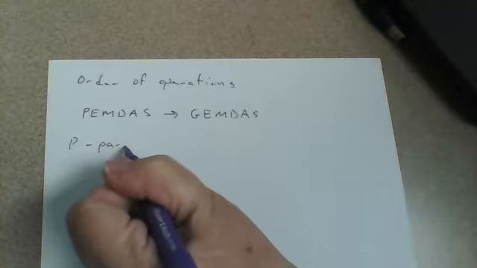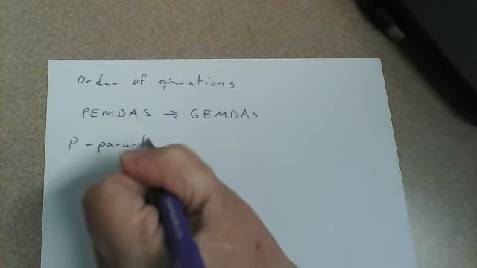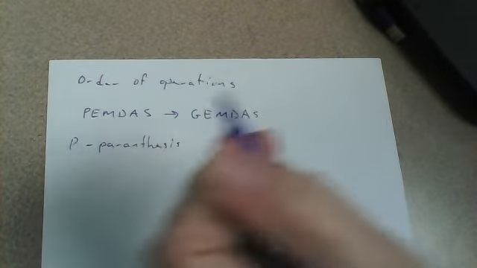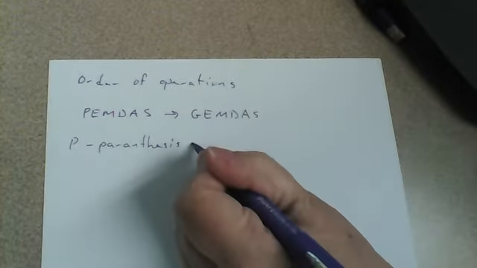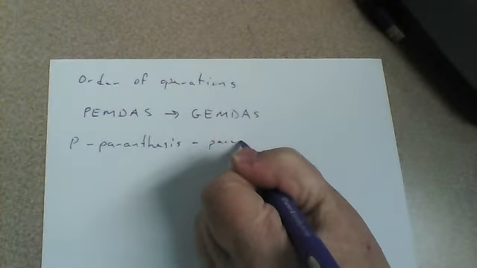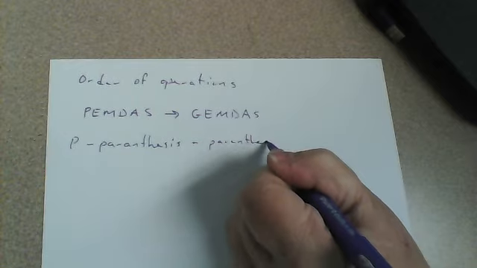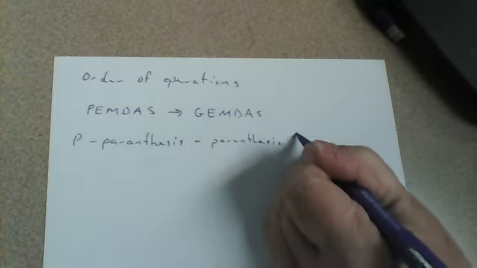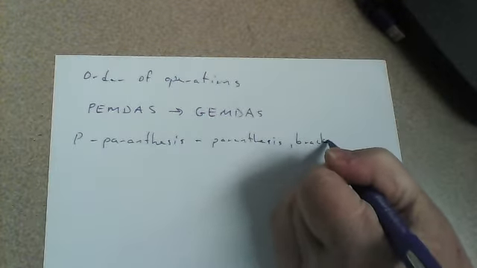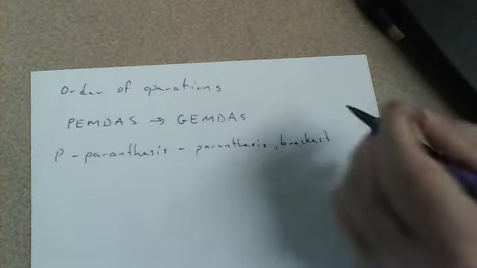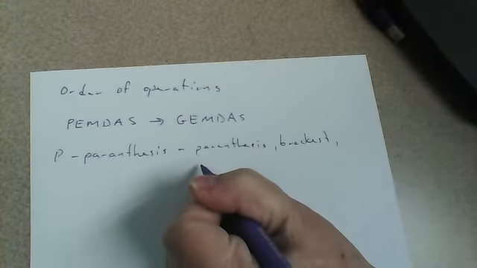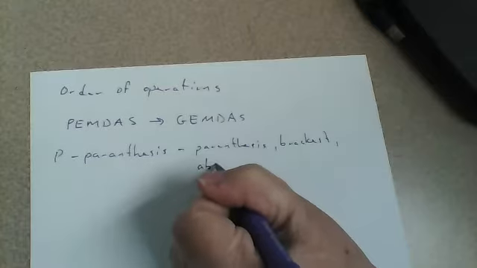But it's also really any grouping that's going to come first. It's not just parentheses. It could be parentheses, brackets, absolute values. You know how absolute values are in the straight lines?